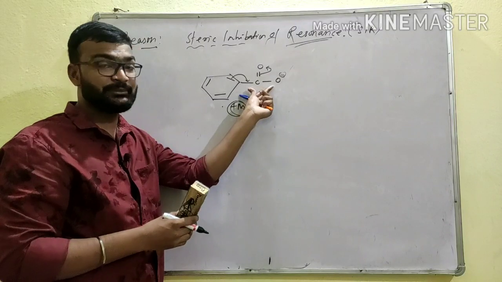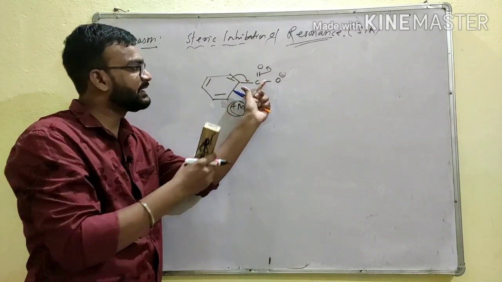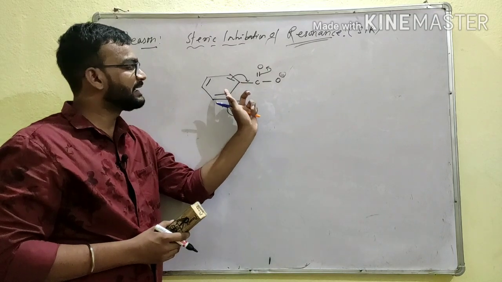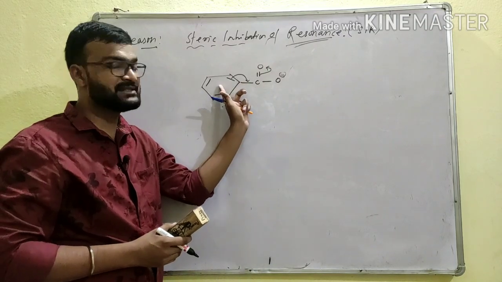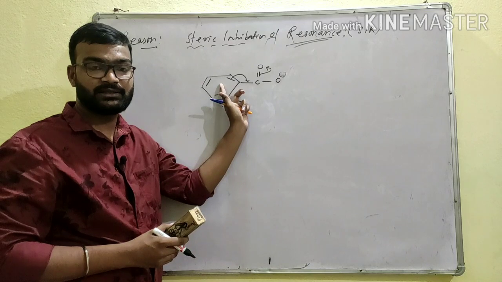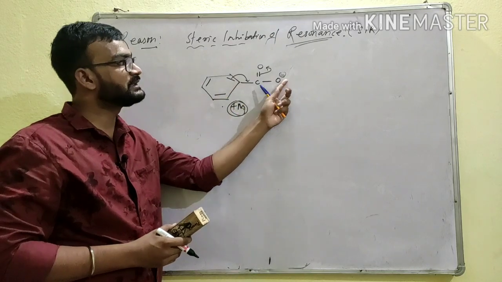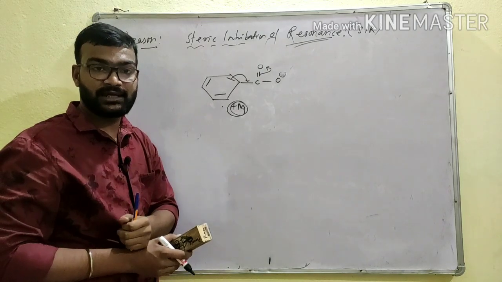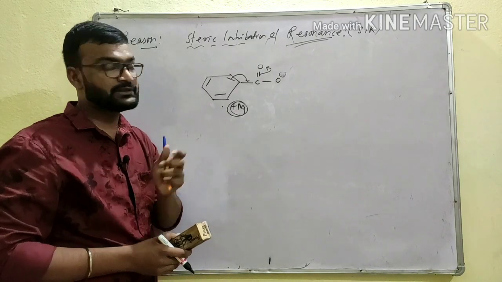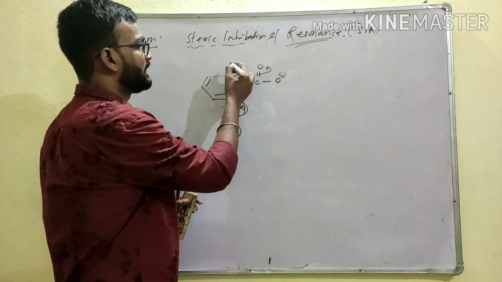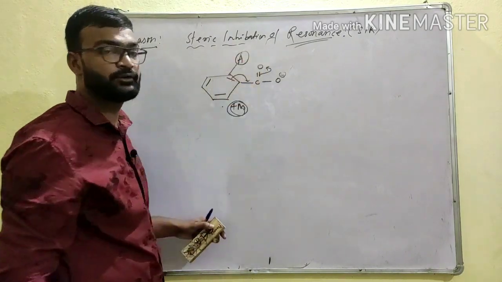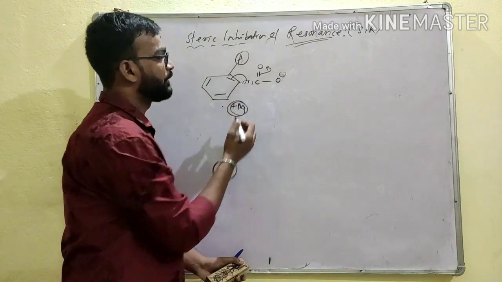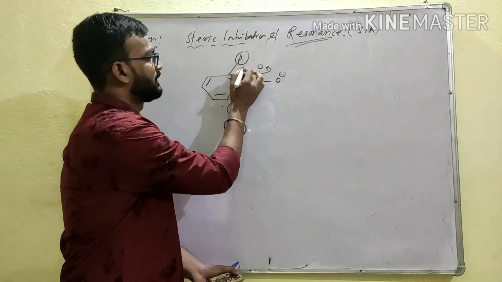If it is going out of plane, it is not going to take part in conjugation. That means the plus M of benzene doesn't work. So the negative charge of oxygen is not going to be destabilized. That is why if you put any group at the ortho position, this is now out of plane, so this plus M does not occur.